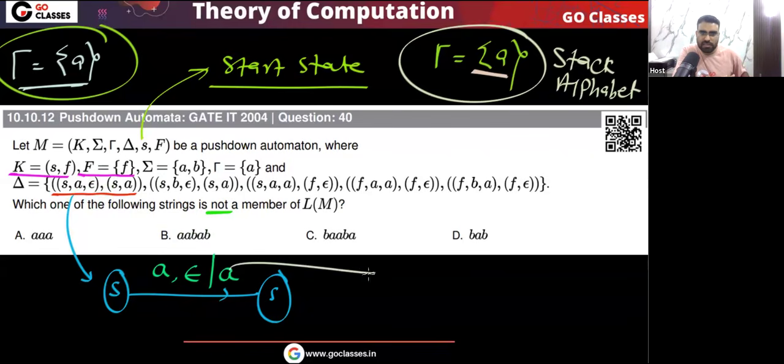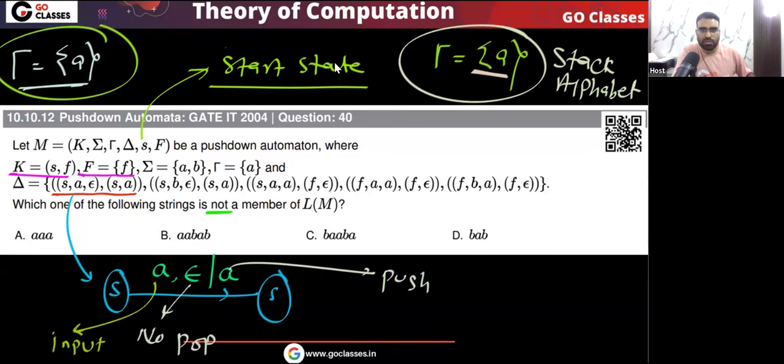Basically there is no pop. Very simple, so this is a self loop.